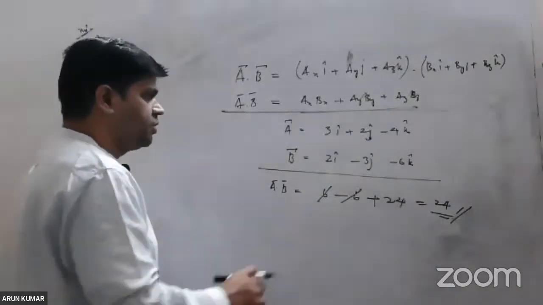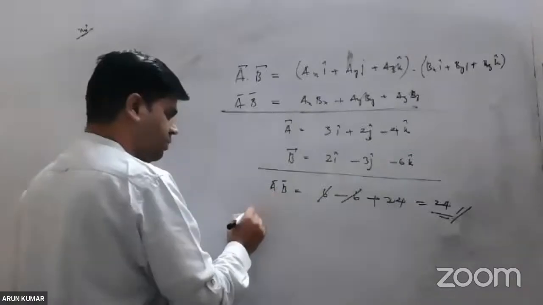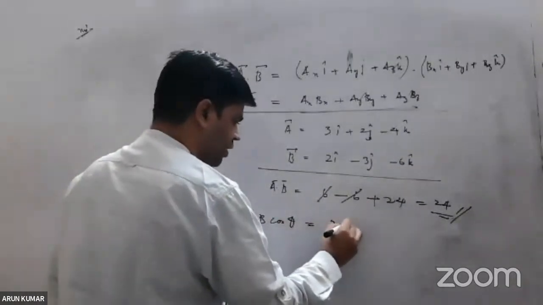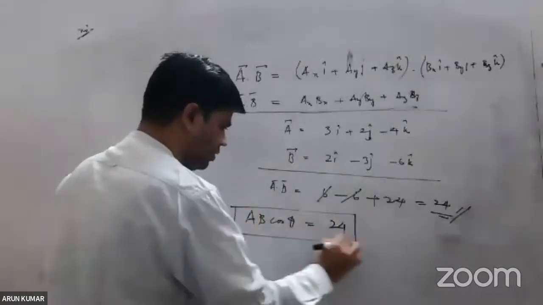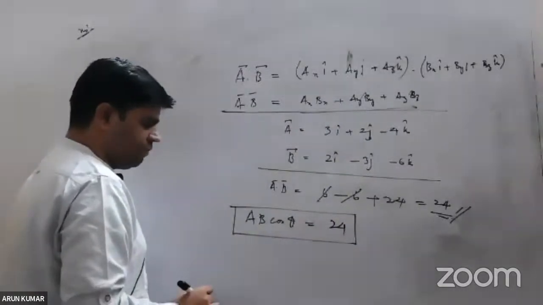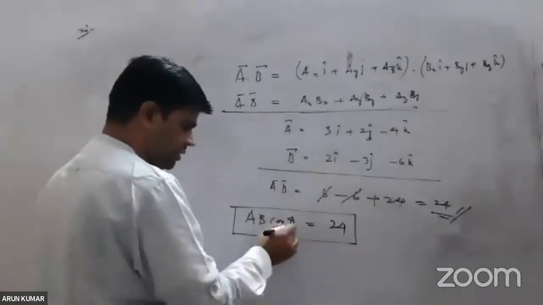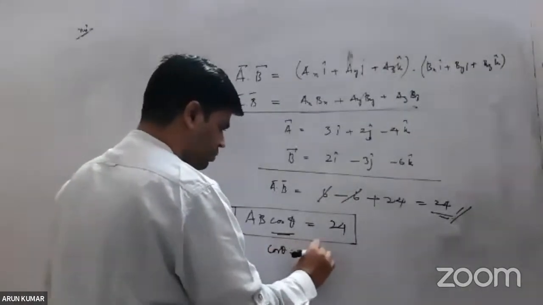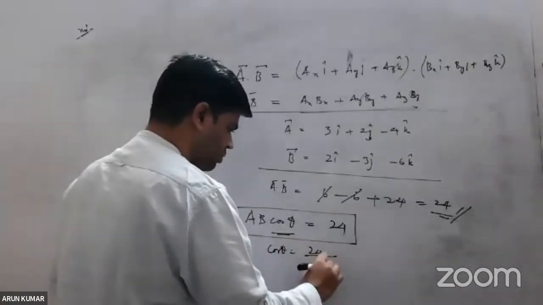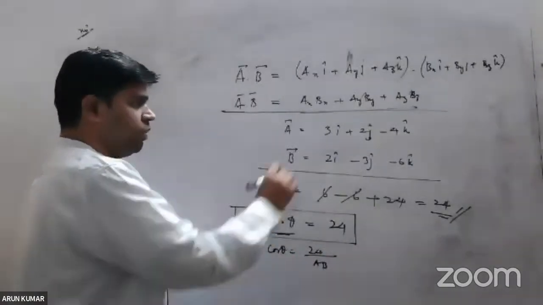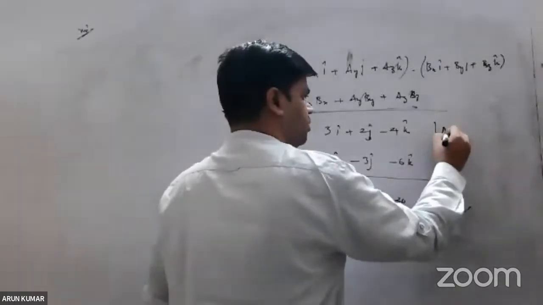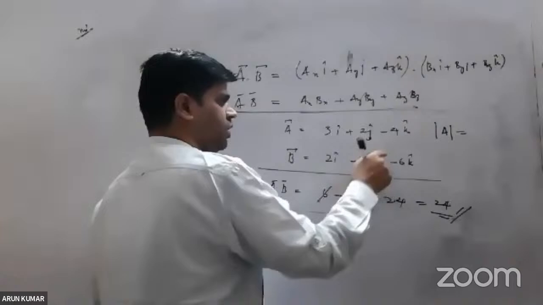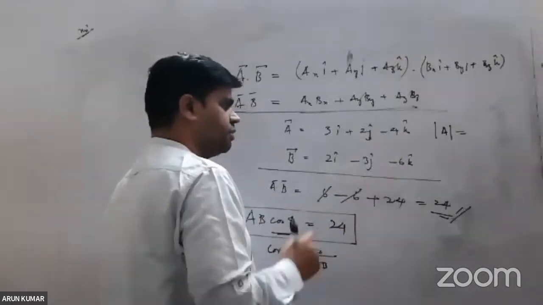Now, if I were to find the angle between two vectors, see, dot product is nothing but AB cos theta. In this case, AB cos theta is 24. If I want to find out cos theta or theta, what do I do? Cos theta is equal to 24 by mod A mod B. What is mod A? 3 square plus 2 square plus 4 square under root.